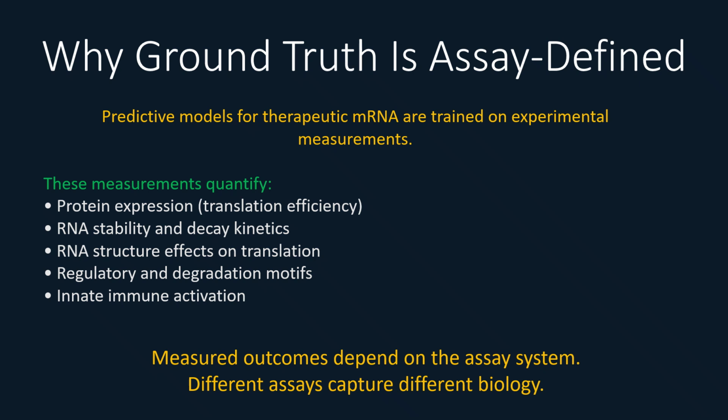Obviously, it sees the measurements we provide, and those measurements come from specific experimental systems, a particular cell type or a particular delivery method, a time point, or what kind of readout it is. So what we call ground truth is not universal biological truth. It is more assay-defined truth.